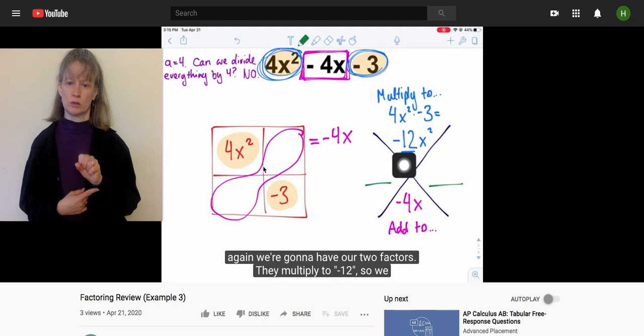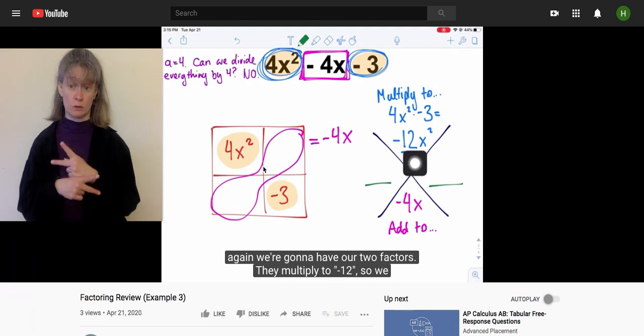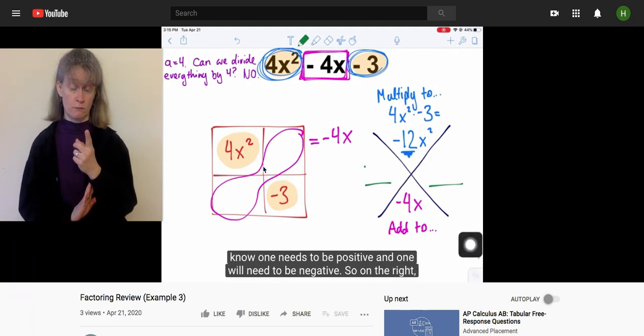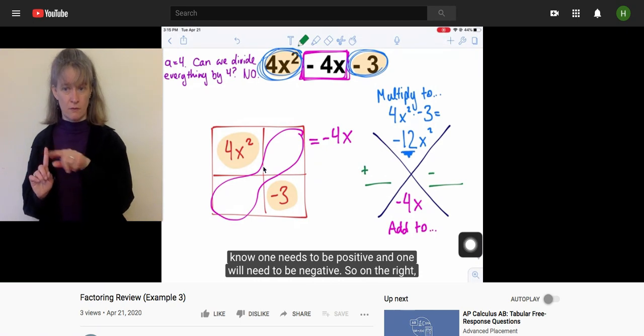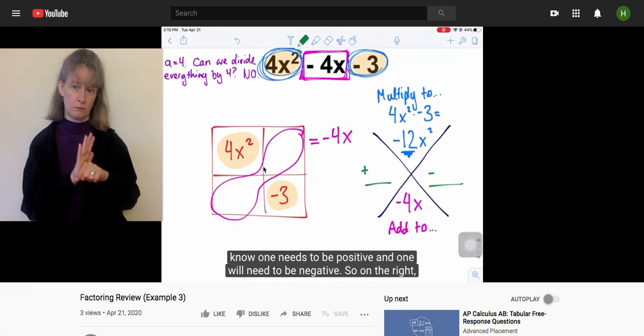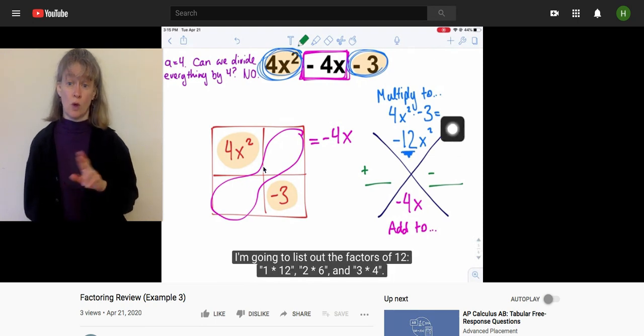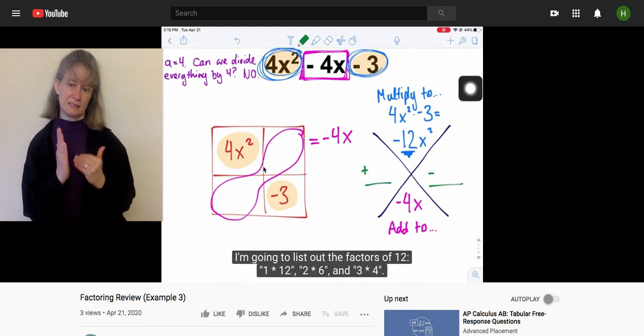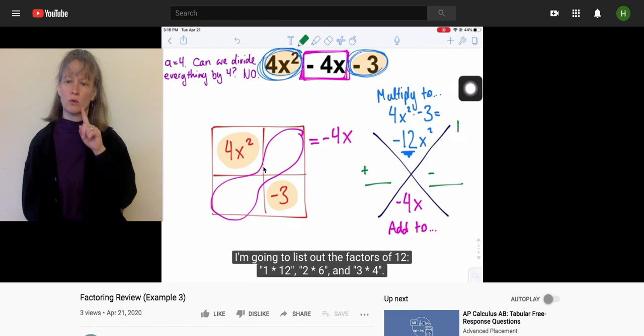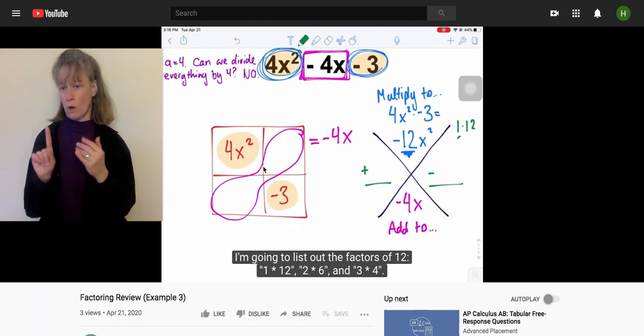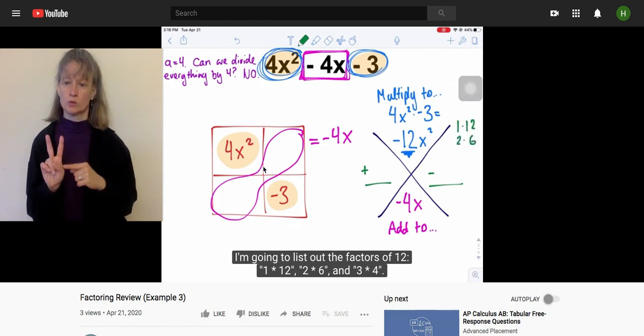They multiply to negative 12, so we know one needs to be positive and one will need to be negative. So on the right, I'm going to list out the factors of 12. 1 times 12, 2 times 6, and 3 times 4.